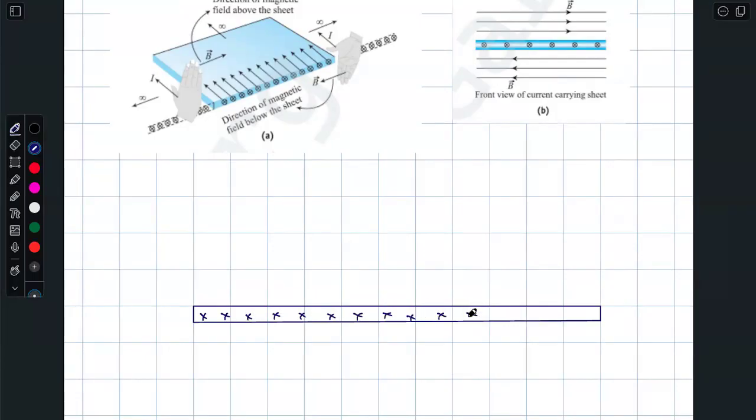See, when we have infinite sheets for charge, you have used two different terminologies. One, charge per unit surface area. Two, charge per unit length. Two different approaches. Right. Now you have some point here.